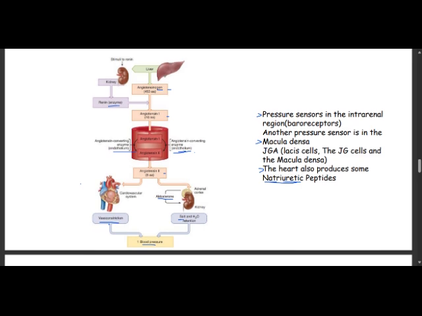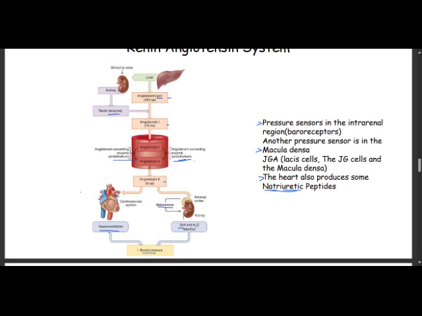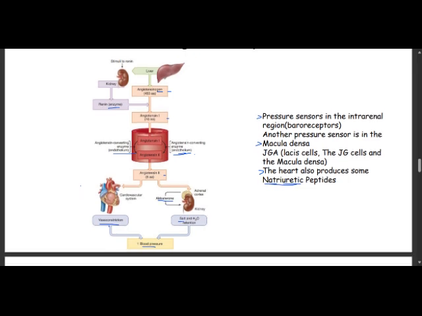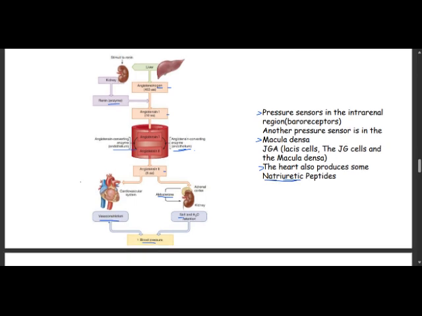They cause the excretion of water. That's what ANP and BNP do. All they do is cause excretion of sodium, and eventually water follows the sodium, so water is excreted as well. So yeah, basically that's that.